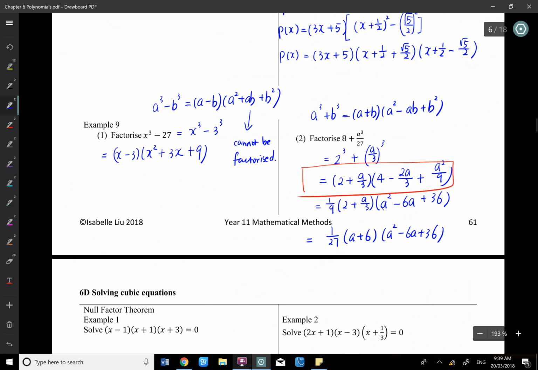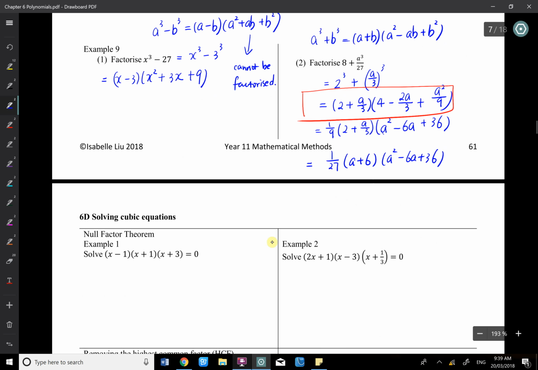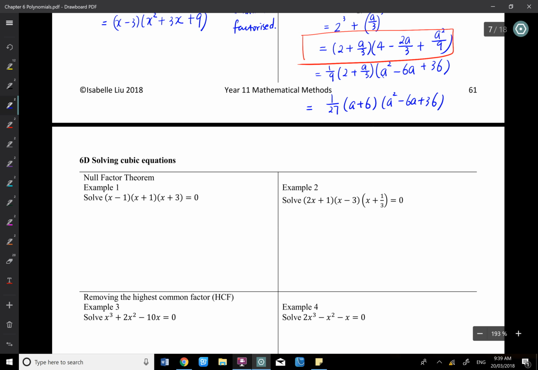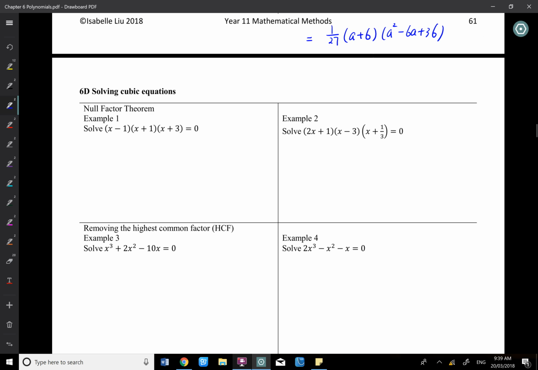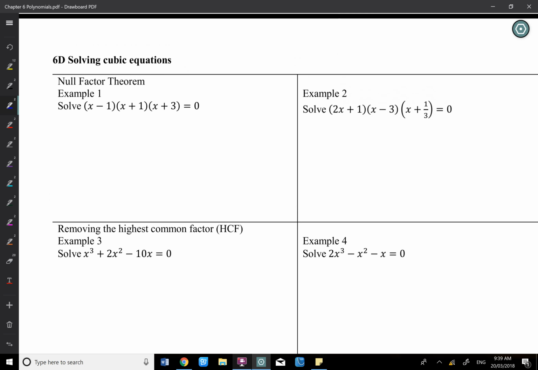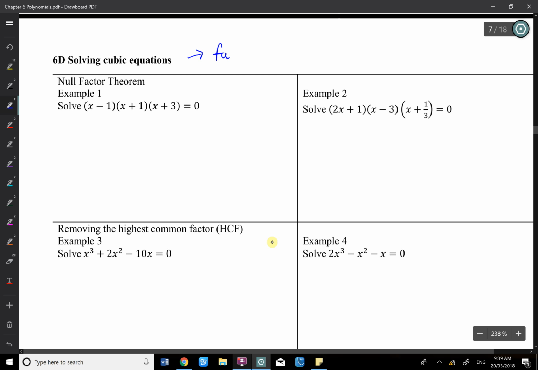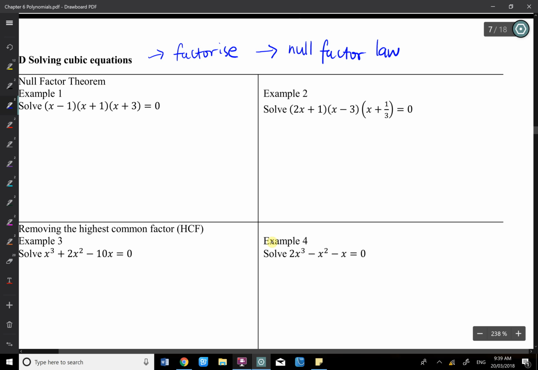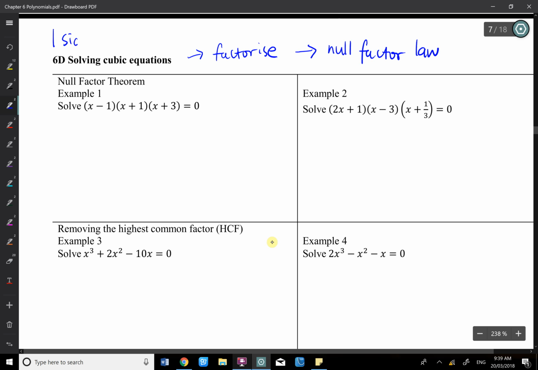If you go to the next page, next page is solve cubic equation. To solve a cubic, it will be the same as factorizing. You need to factorize the cubic and then use the null factor law.